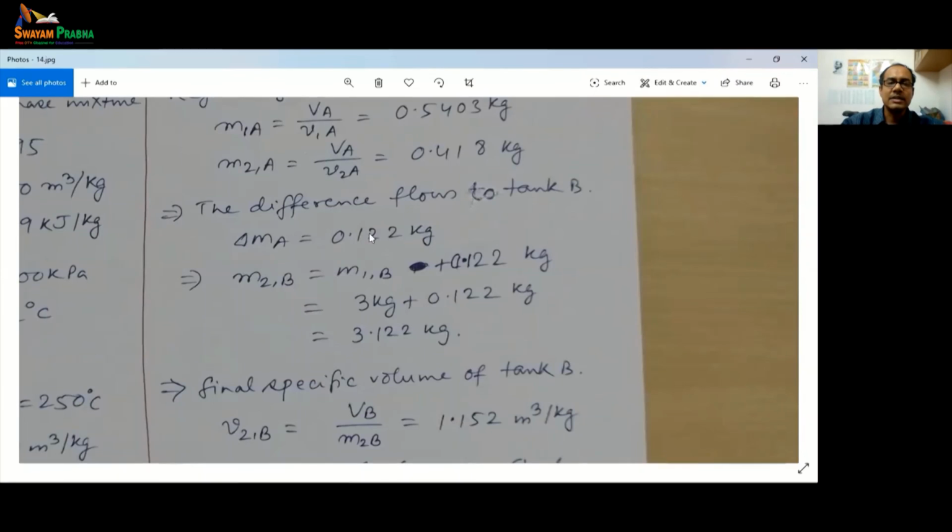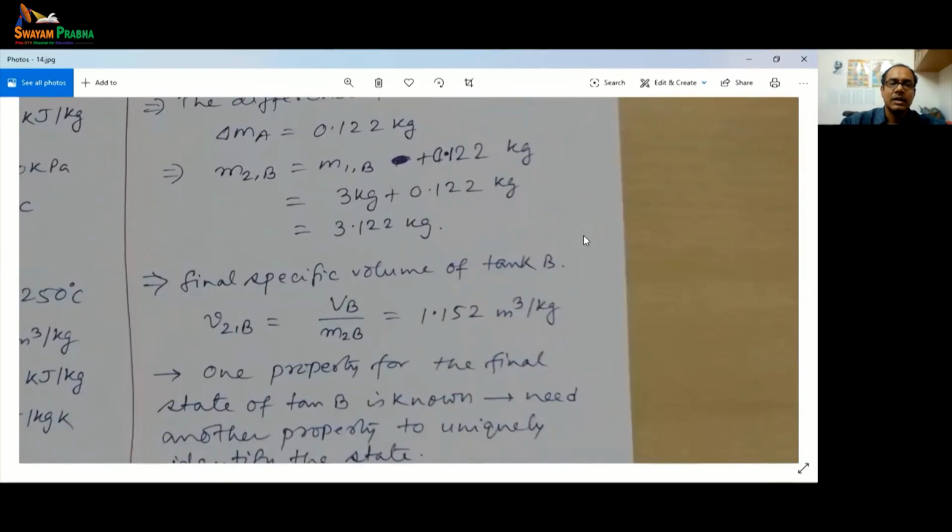The initial mass of tank B is given, that's 3 kg. So the final mass of tank B is M1B plus 0.122, the mass from tank A, which is 3.122 kilogram.